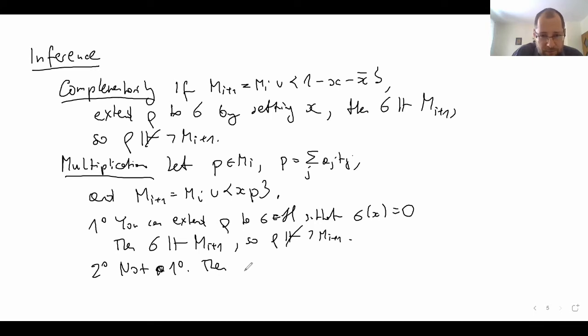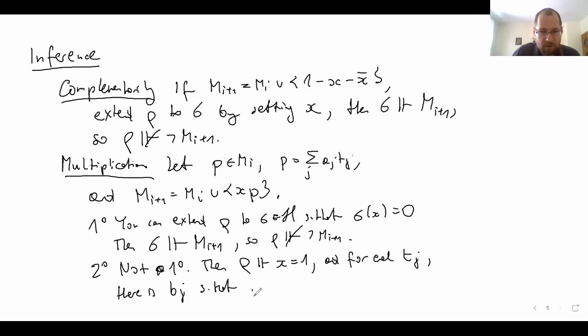Then actually, rho already forces x to equal 1, and then it also forces, for each t_j, a term in our polynomial P that was already present in M_i, each term is forced to a value by rho. There is b_j such that rho forces t_j to equal b_j, and rho also forces x t_j to equal b_j.